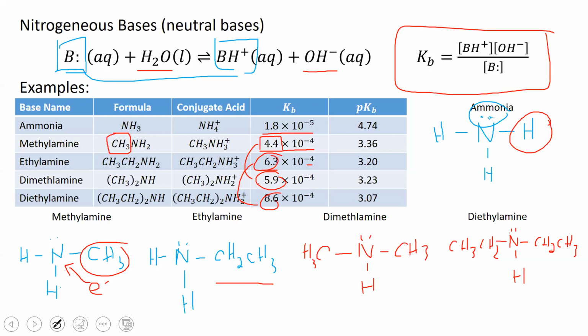I have a question, sorry, about what is it about the hydrocarbon that donates electron density to the nitrogen? Yeah, so you have these protons on the carbon, right? And the protons have a lower electronegativity than the carbon does.